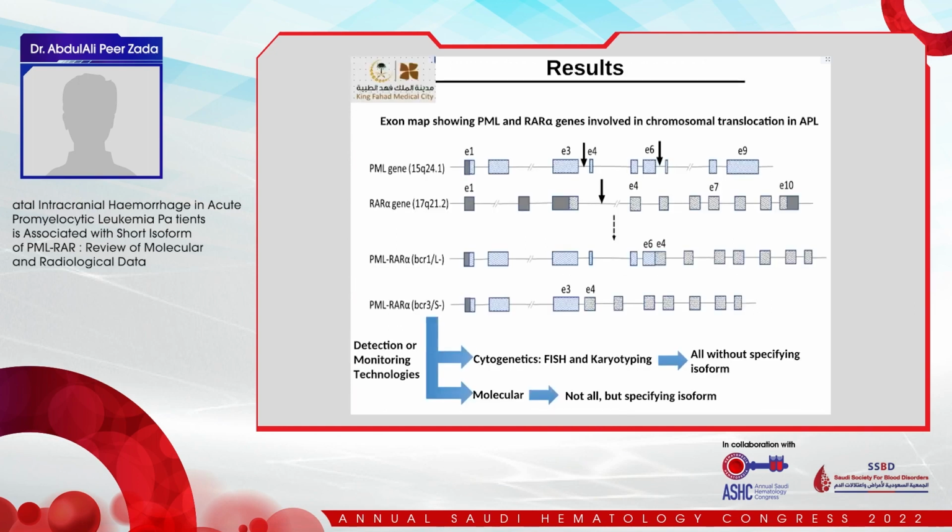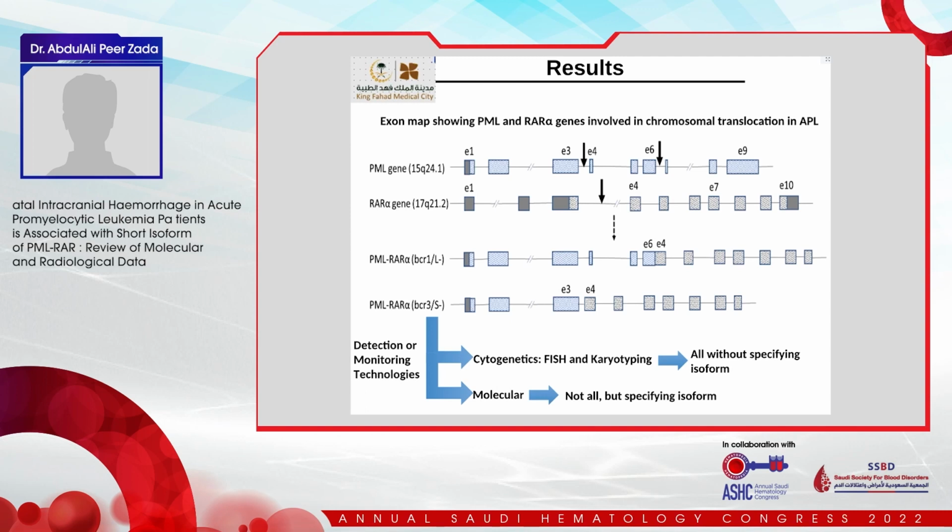Now, this slide shows you the exon map showing the PML and RAR alpha genes that are involved in the chromosomal translocation in APL. As you can see here, the PML gene has 9 exons, E is the exon, and RAR alpha has 10 exons. Based on the breakpoints, it leads to the generation of either the long form of PML-RAR alpha, which we call BCR1, or, with another breakpoint, the short isoform of PML-RAR alpha, which is called BCR3.